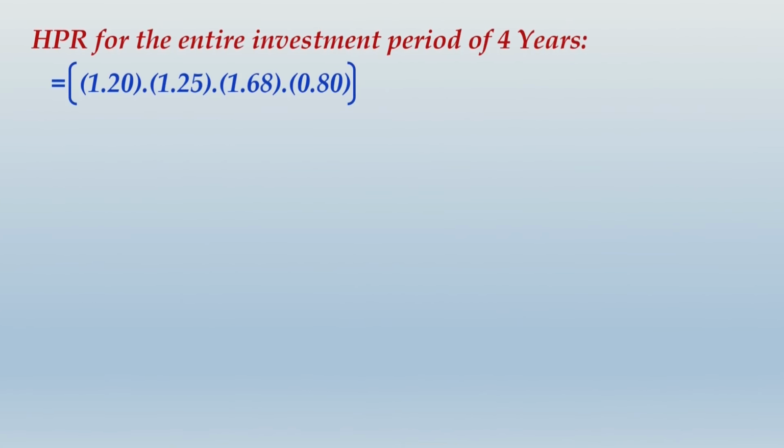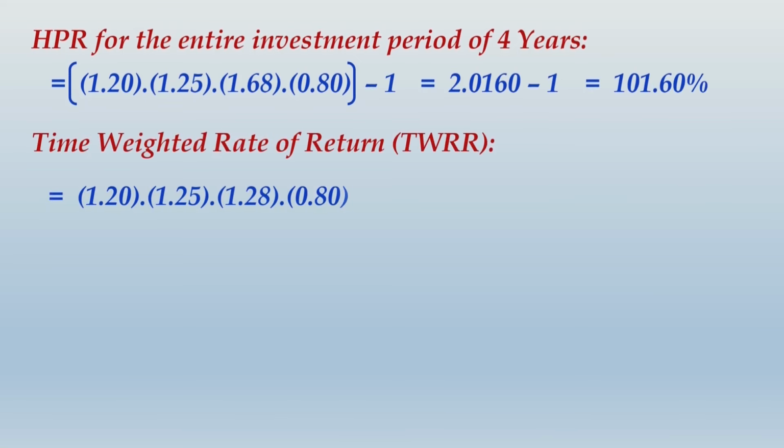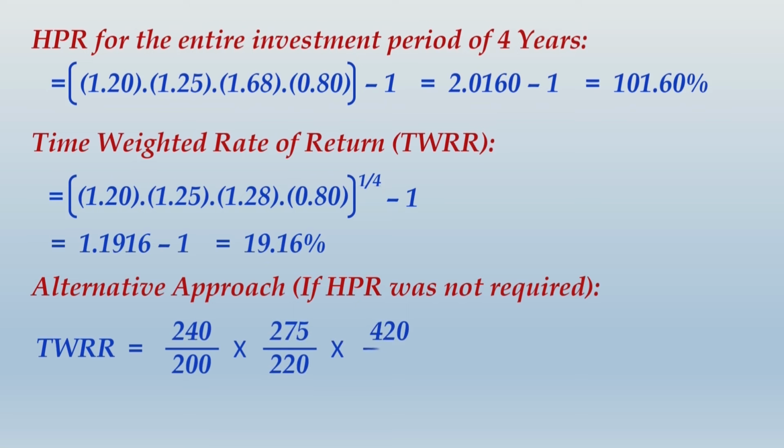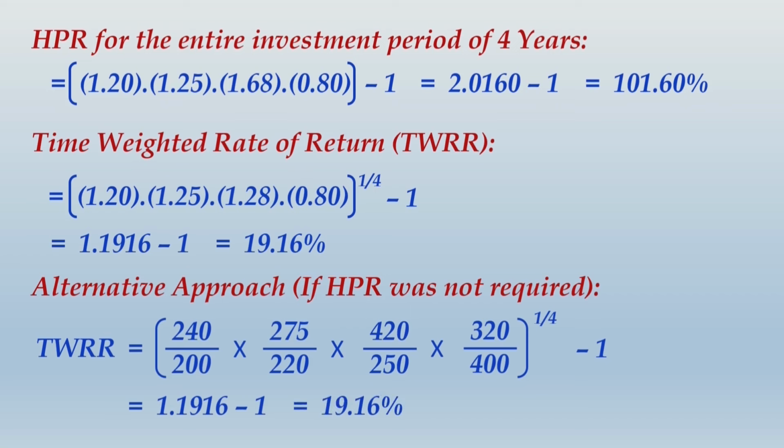We move forward. The HPR for the entire holding period of 4 years will also remain the same. It will not change, and TWRR will also not change. It will remain the same. If you look into the alternate approach of TWRR calculation, that is the direct approach, of course even that approach would give you the same result, and the TWRR comes to 19.16%.